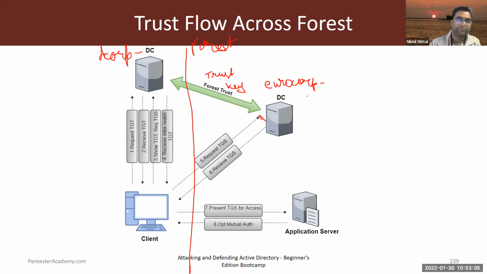Yep. So the question was, can you get enterprise admin privileges on Eurocop here, for example, if you have domain admin privileges using the SID history? So can you give me some more yes as answer so that I can tell you how wrong you are and then feel good about it?